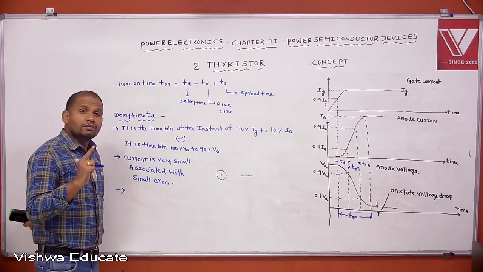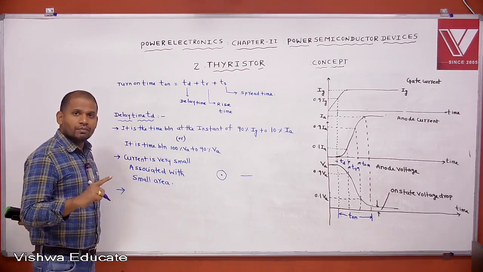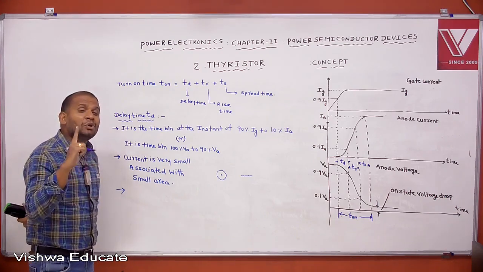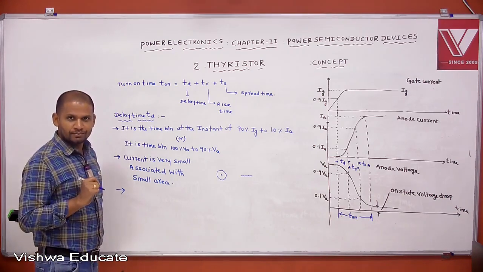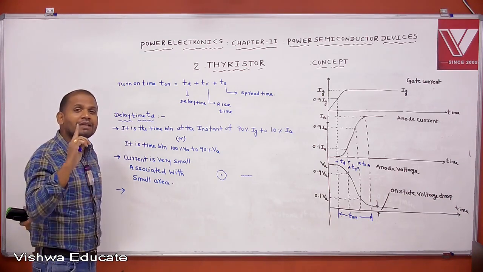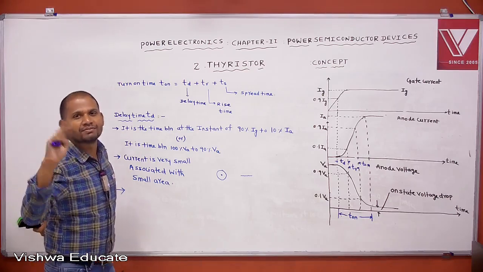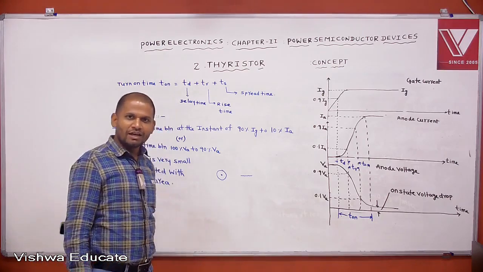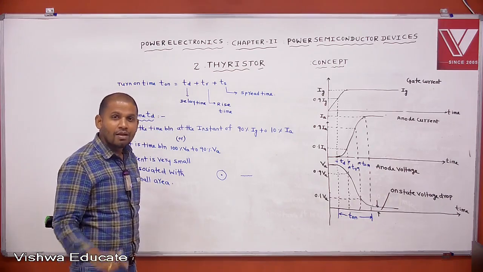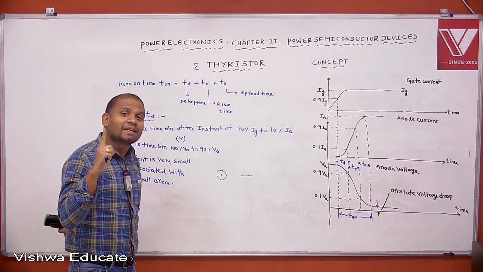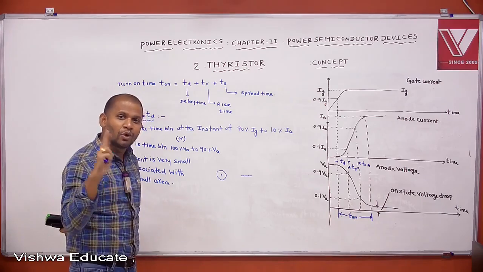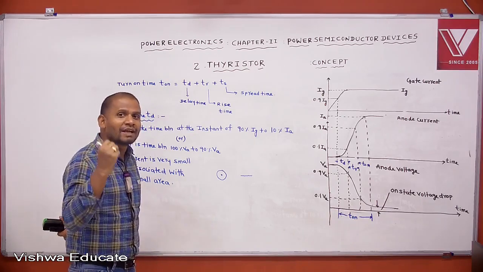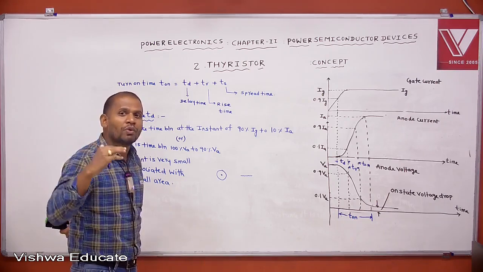During delay time, by controlling gate current, only delay time is controlled, but TR and TS are unaffected. Very important observation, already framed in competitive exams. But once the SCR starts conduction, the gate loses its control over anode current.